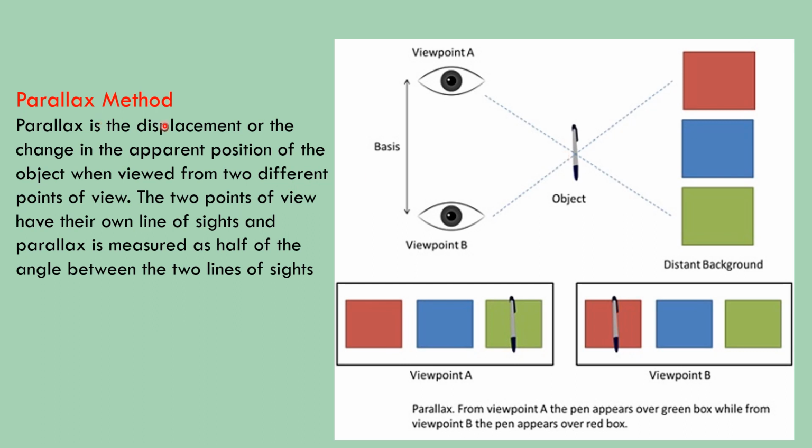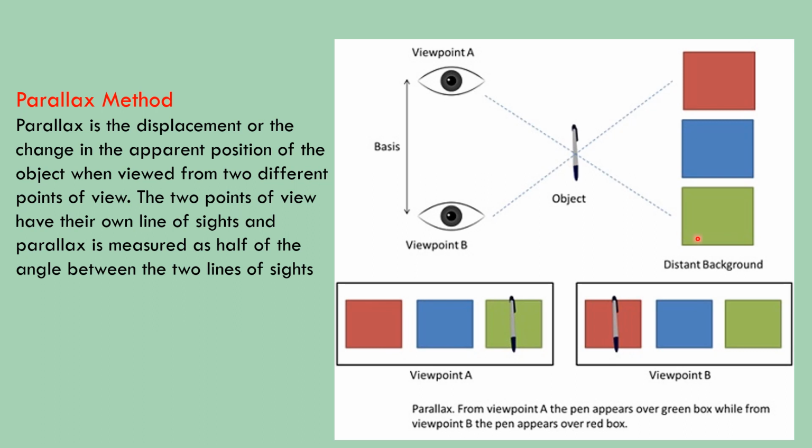Here parallax is the displacement, or the change in apparent position, of an object when viewed from two different points of view. Here also we are considering two different points, viewpoint A and viewpoint B. When you see from the two different viewpoints, the position of the object will change.